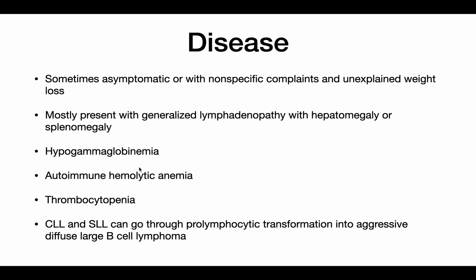And when you test the blood for the immunoglobulins, it's going to be low. It's hypogammaglobulinemia. And as the disease progresses, it's going to lead to the autoimmune hemolytic anemia due to the antibodies made against the red blood cells and platelets. So that's going to lead to the thrombocytopenia eventually.